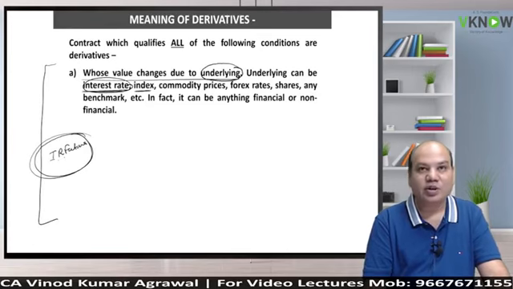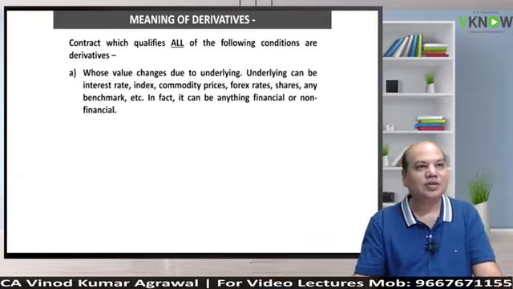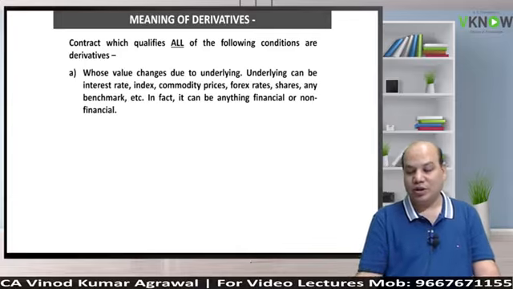Then commodity prices. Gold futures are traded. Oil futures are traded. Metal futures are traded. And as the value of gold, silver, metal, etc. changes, the value of that contract keeps changing.